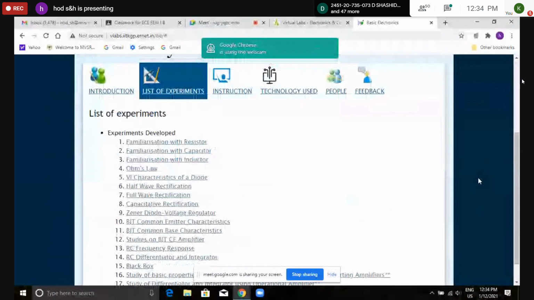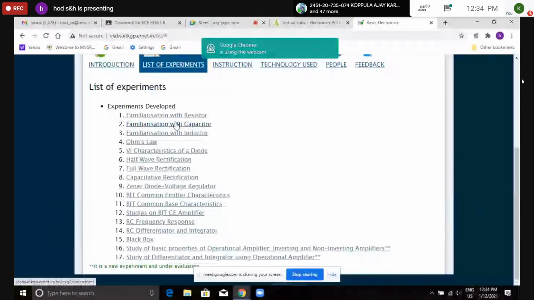A number of experiments are there. Familiarization with resistor, if you want to, because in the intermediate you don't have the basic experiments. So what actually a resistor is, how it works, you can do this experiment. Similarly, capacitor, inductor, because many students face problems, sometimes you are not able to express. Similarly, the inductor.